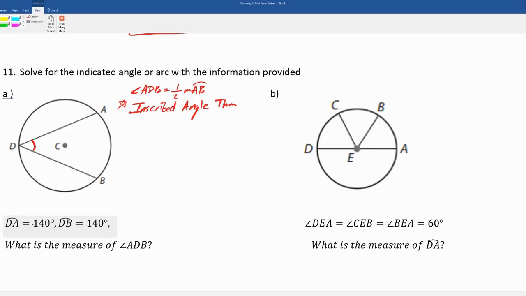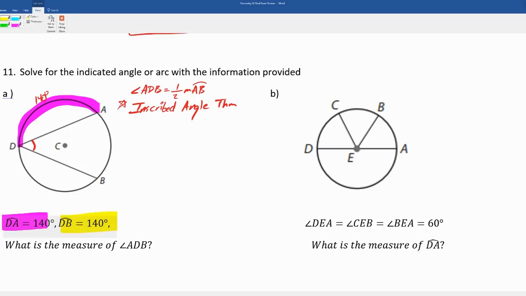All right. Oh, look, DA equals 140 degrees. So this huge chunk is 140 degrees. All right, let me highlight that for you. So DA is 140 degrees.